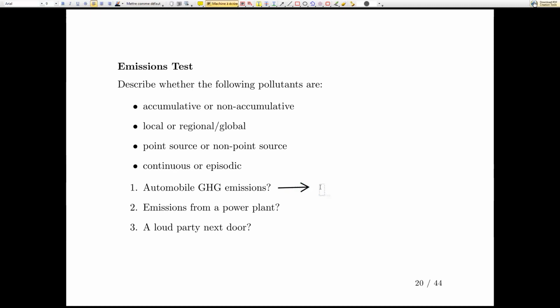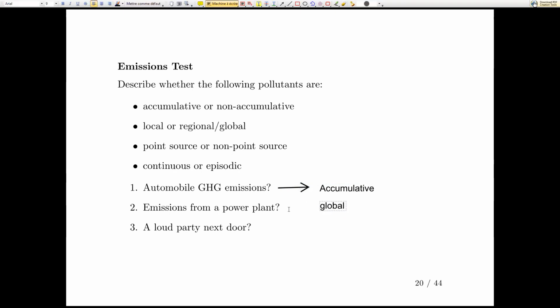Yes, cumulative. Local or regional or global? Yeah, global. We have cars everywhere, and the atmosphere is everywhere.